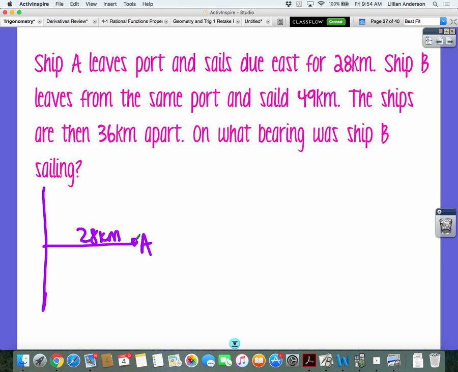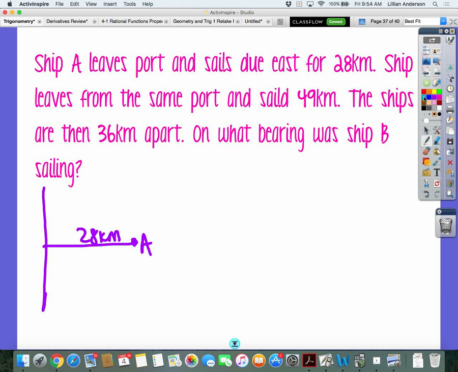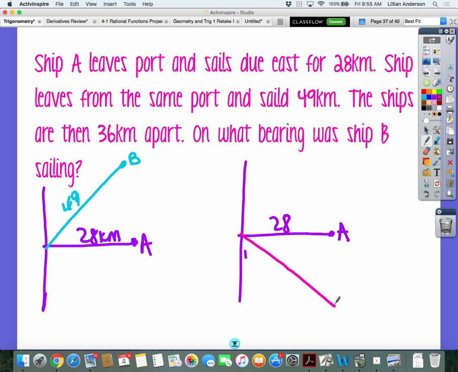That means that they could have left port and sailed going up 49 kilometers, or going down for 49 kilometers. Okay? So whether you did it going that way or that way, you would have ended up with two different answers, but that's okay. Both answers would have been acceptable.